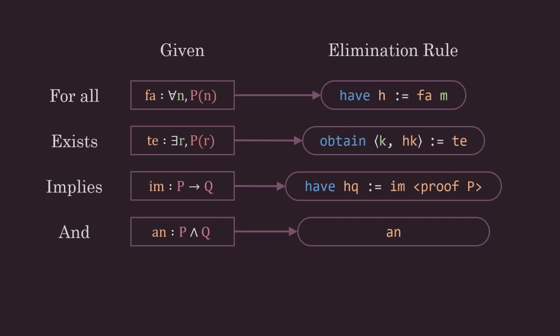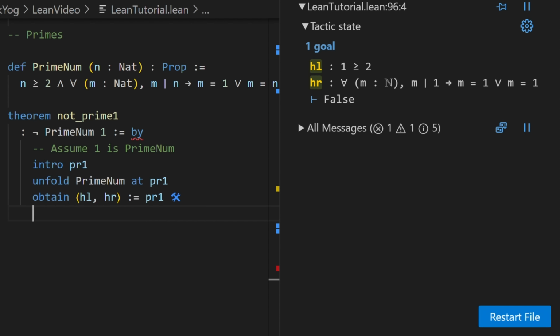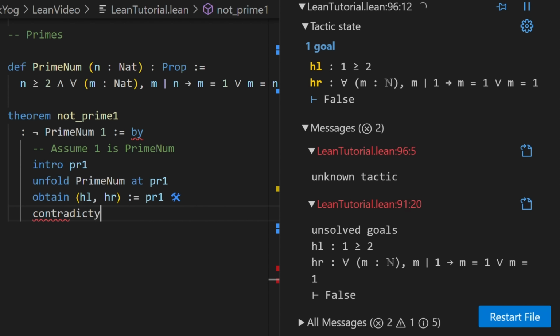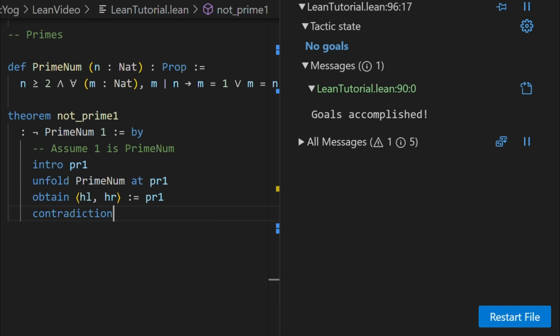Given an AND proof, taking it apart using obtain is the AND elimination. Notice that the tactic state now has HL and HR as 2 separate proofs. Clearly, HL is false, so we will use the contradiction tactic. Contradiction to show false. And the proof is complete.